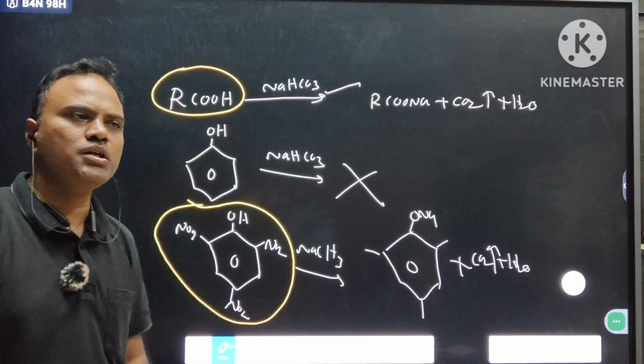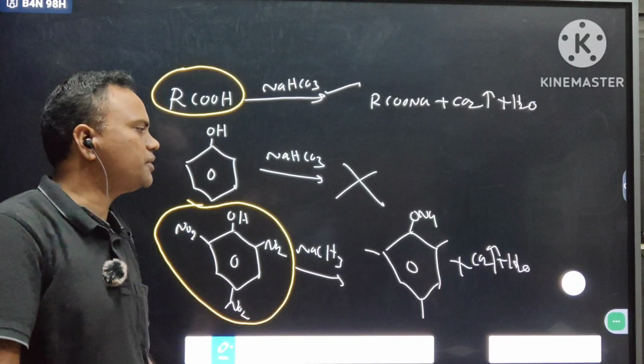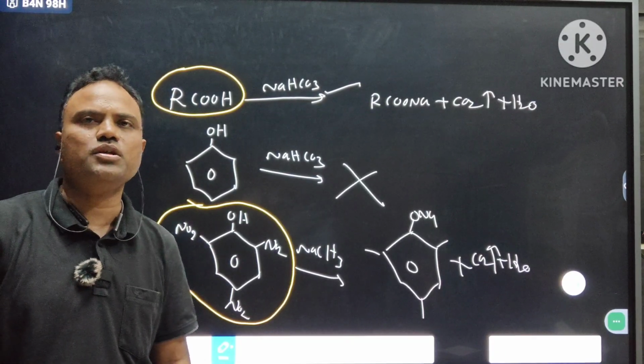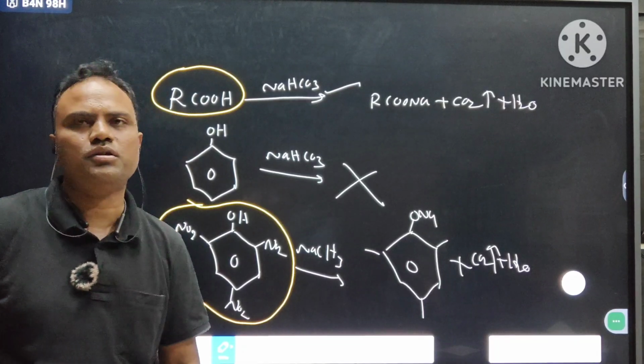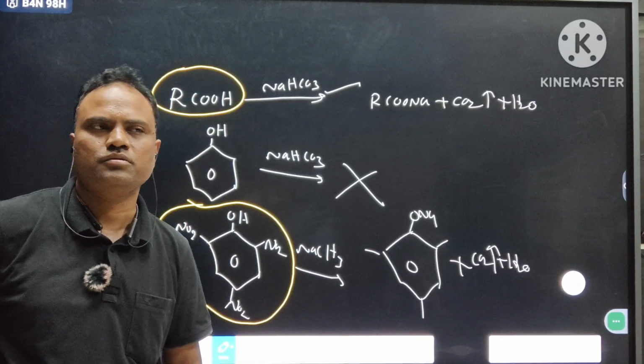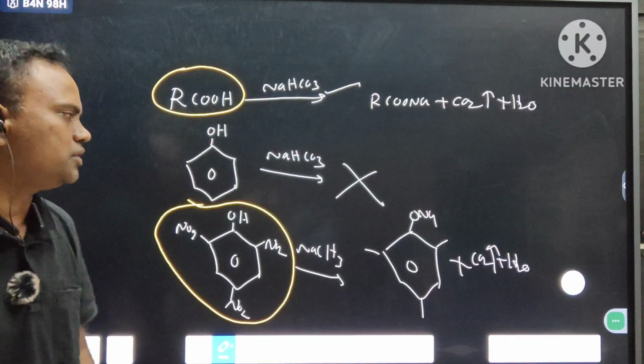Strong acids will liberate CO2 gas. Sulfonic acid will also be considered a strong acid, and it also liberates CO2. Okay. Got it?